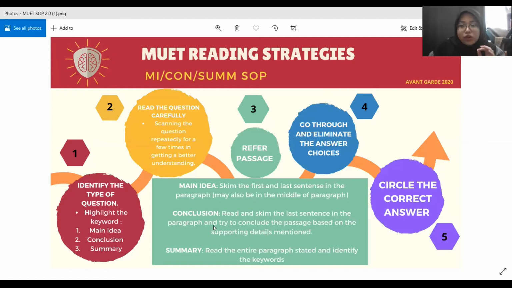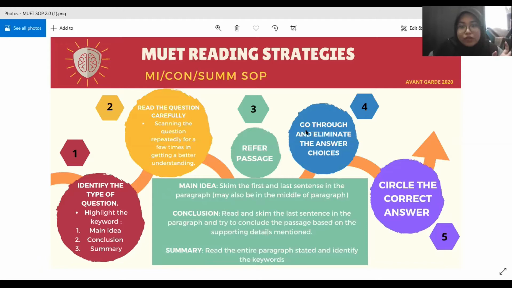As for conclusion, the answer might be paraphrased. It doesn't mean that the answer will be the exact same as the passage, so you need to paraphrase it. And then lastly is summary, where you need to read the entire paragraph stated and identify the keywords. This also may be paraphrased.